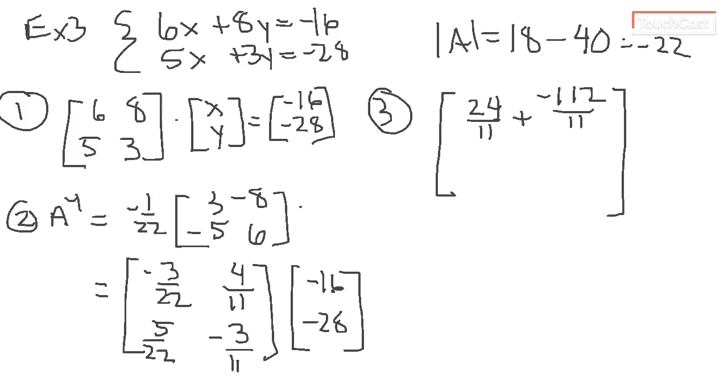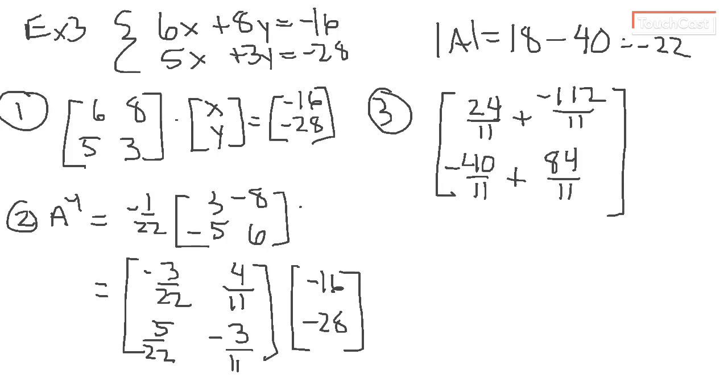And then 5 22nds times 16 can simplify to 40 over 11. In fact, negative 40 over 11. Plus negative 3 elevenths times 28 gives us 84 elevenths.